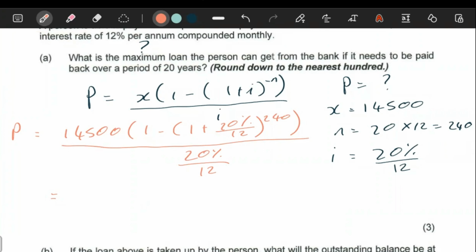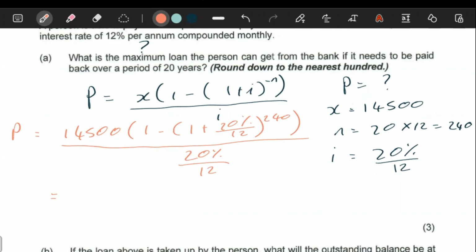Fraction button, 14,500. Then we have 1 minus 1 plus the interest rate, the whole thing over 12, whole thing to the power of 240.